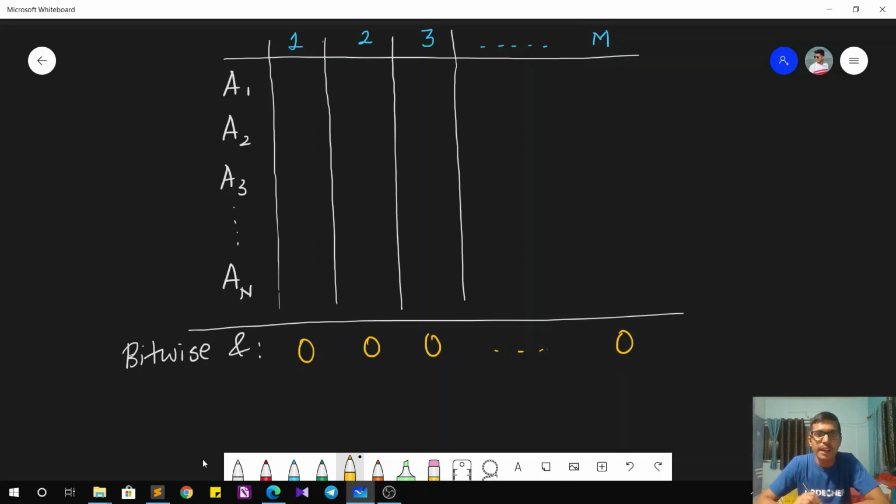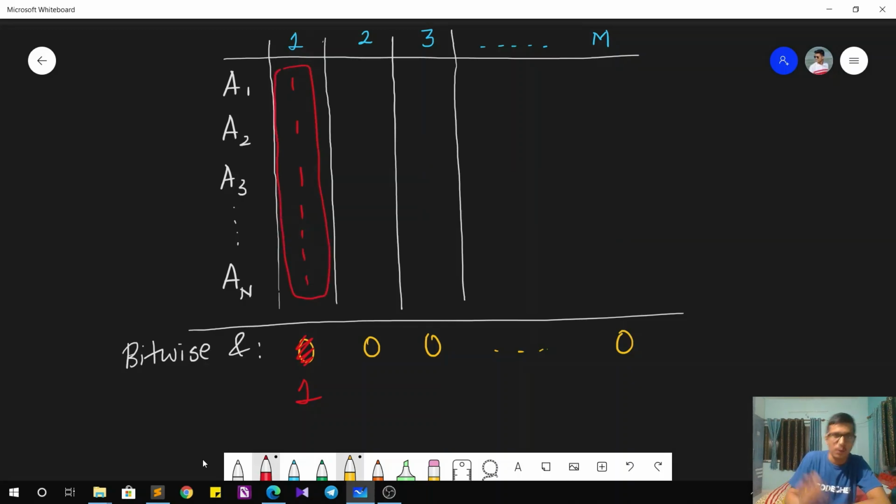Now there can be many ways to fill the bits in the grid such that the resultant bit is 0, but in only one case will the resultant bit be 1. That is, if all the bits are 1, the bitwise AND will become 1, which will violate our condition. So whatever we do, we just have to take care that all of them should not be 1.